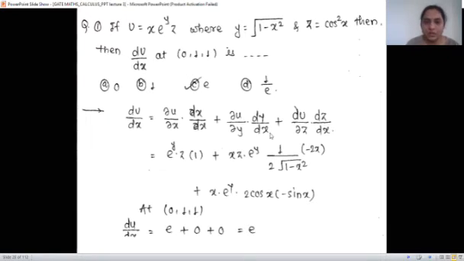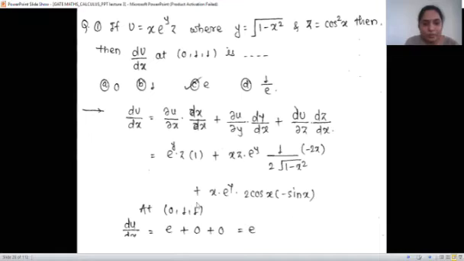It is the derivative of root, 1 upon 2 root 1 minus x square into minus 2x, plus dou u by dou z, the derivative is x into e raised to y, and the derivative of z with respect to x is the derivative of cos square x. It is 2 cos x into minus sin x.